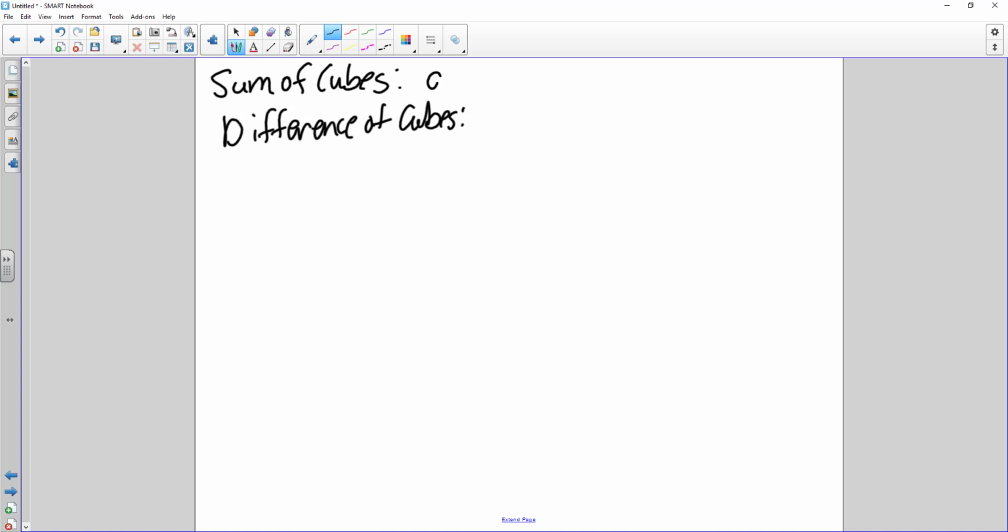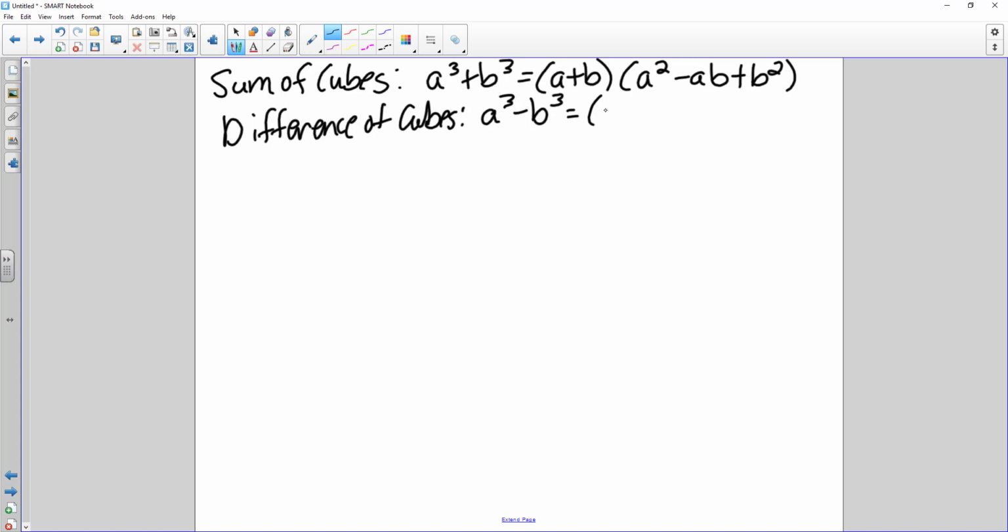So the sum of cubes, a cubed plus b cubed, is a plus b times a squared minus ab plus b squared. And then the difference, a cubed minus b cubed, is very similar. It's a minus b, a squared plus ab plus b squared.